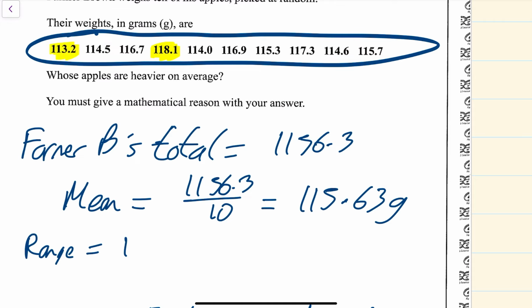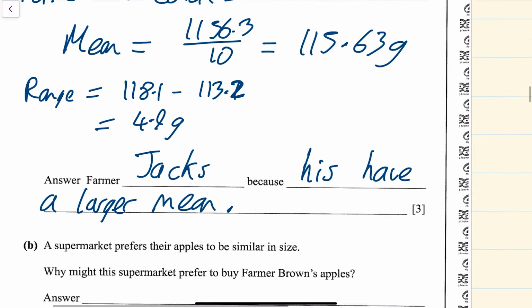So the range is 118.1 minus 113.2, which is 4.9 grams.